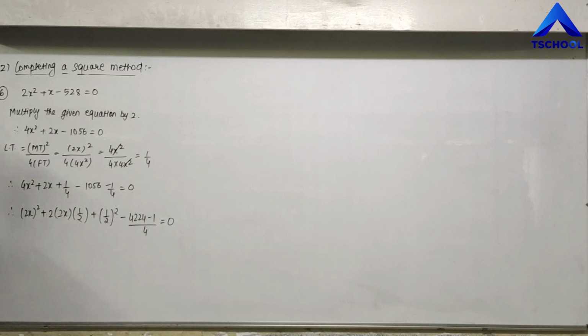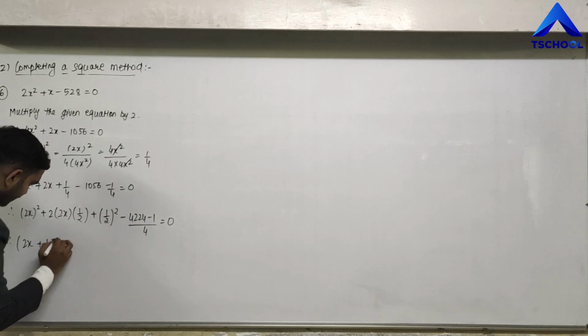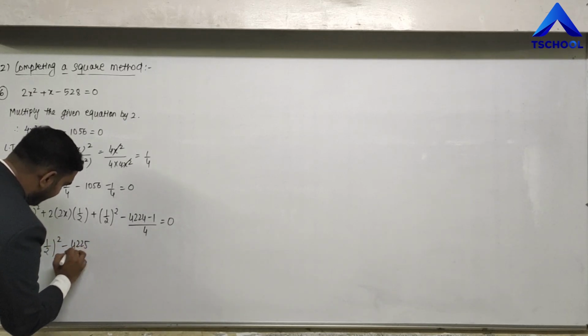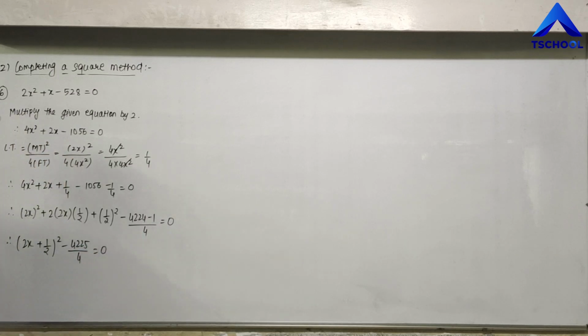Right? So that is 2x plus 1 by 2 whole square minus 4225 upon 4 equal to 0.